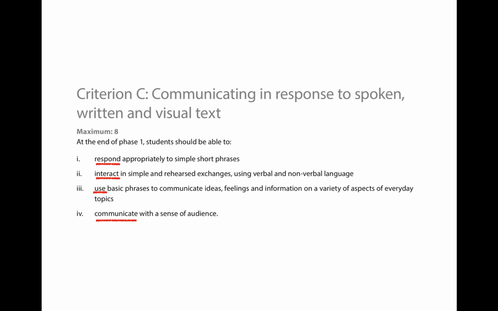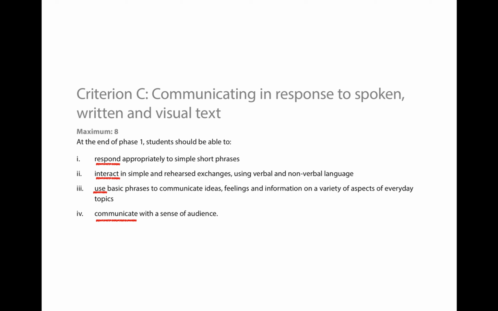Interact. Interaction is here in this criterion. Interact in simple and rehearsed exchanges. So I'm only assessing things that we have rehearsed. If the student wasn't able to answer something that wasn't rehearsed, then I shouldn't be assessing that. Use verbal and non-verbal language.